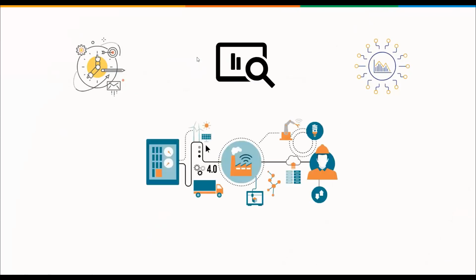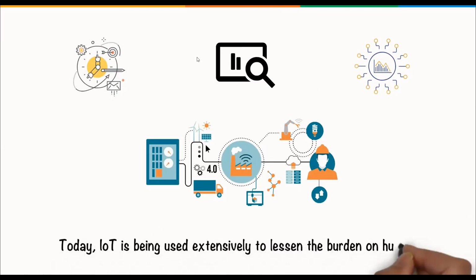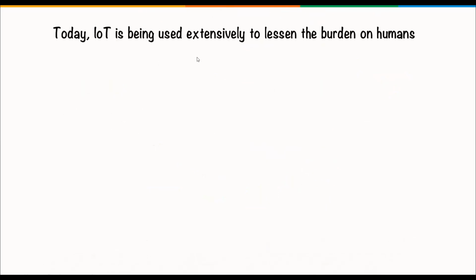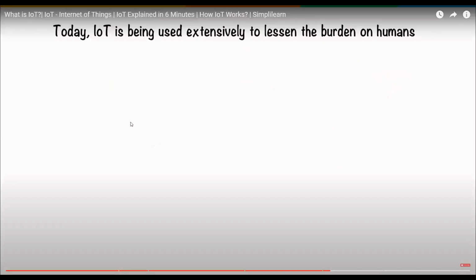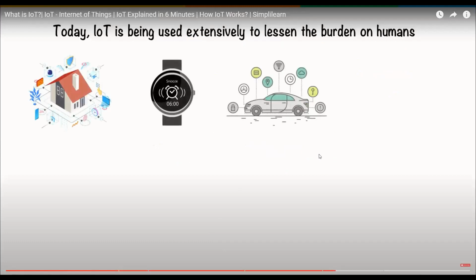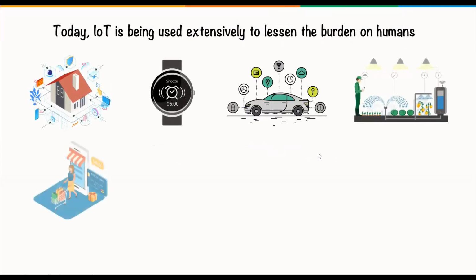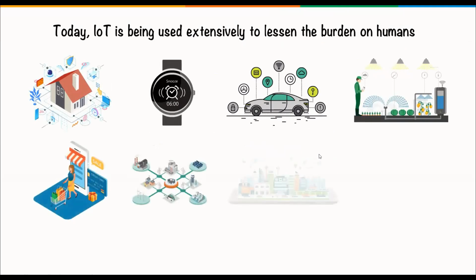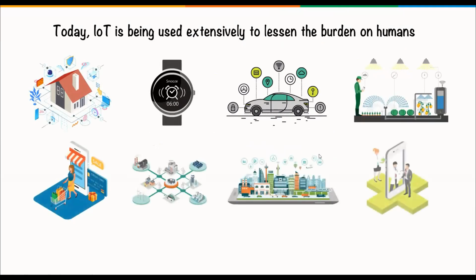With the improved response, monitoring, and analytical capabilities, IoT is being adopted in almost all industries and domains, opening doors to endless applications. Today, IoT is being used extensively to lessen the burden on humans. To name a few, IoT is deployed for smart homes, wearables, watches and bracelets, smart cars, smart farming, smart retail, smart grids, smart city, and smart healthcare.